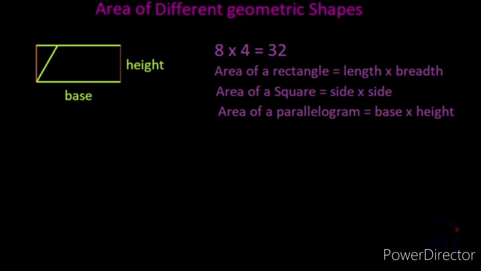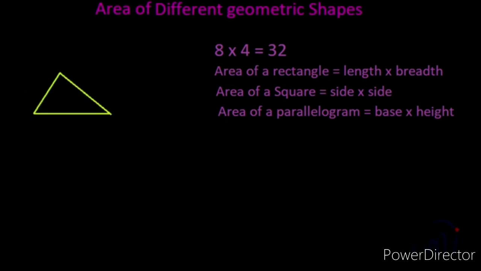And now let's try to find the formula for the area of a triangle. Suppose we want to find the area of this triangle, where this is the base of the triangle, and if I draw a perpendicular from the vertex exactly opposite to the base, this will be known as the height of the triangle. And how to find the area of this triangle?